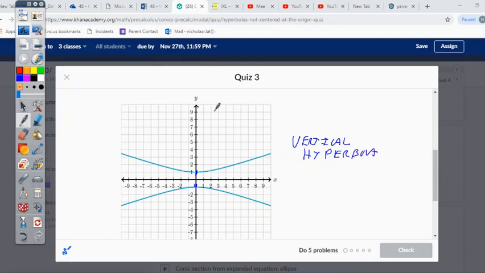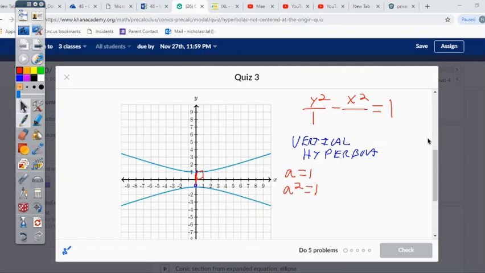I can see that a is equal to 1, which means a squared is going to equal 1. So right away I know we're going to have y squared over 1 minus x squared over something is going to be equal to 1.